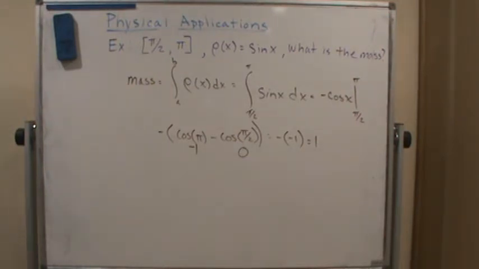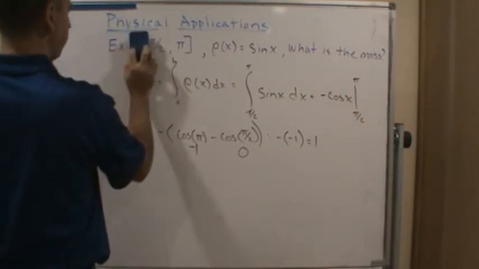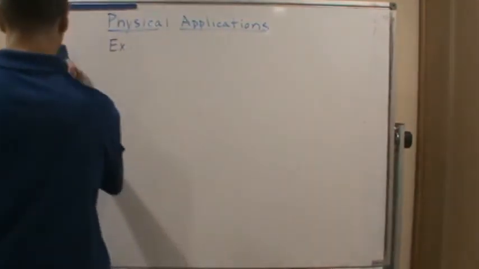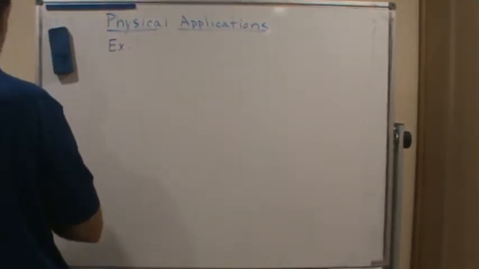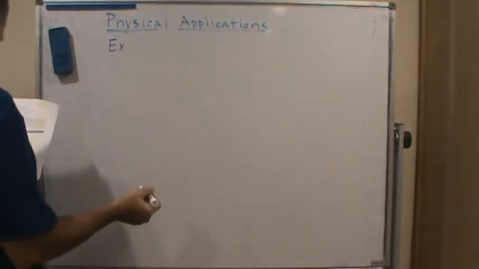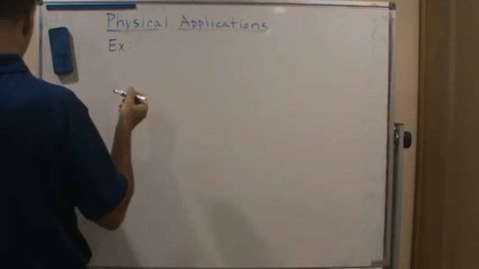Okay, so now, one for you guys. It says, consider a thin rod oriented on the x-axis over the interval from 1 to 3.